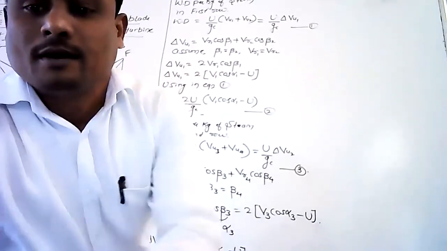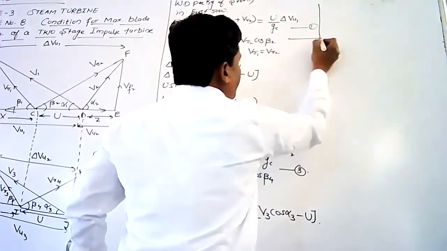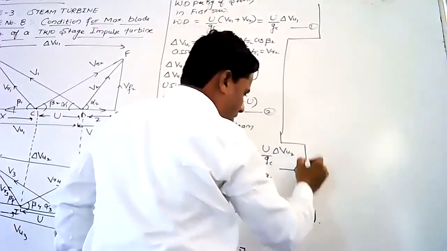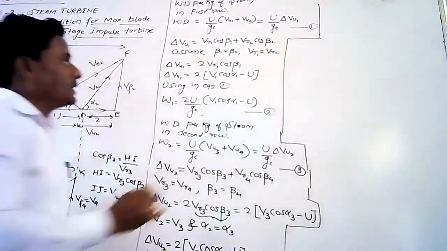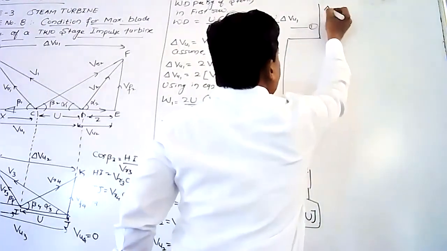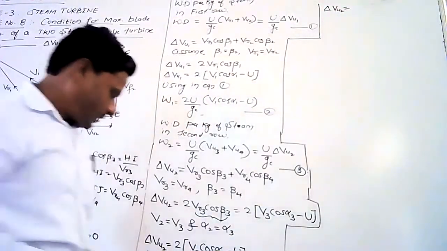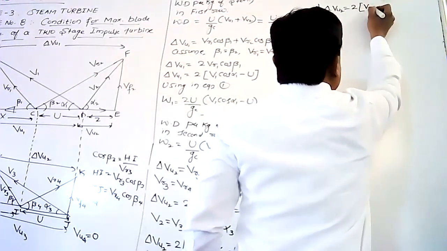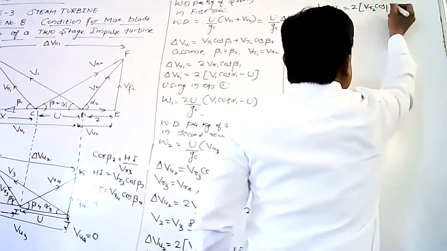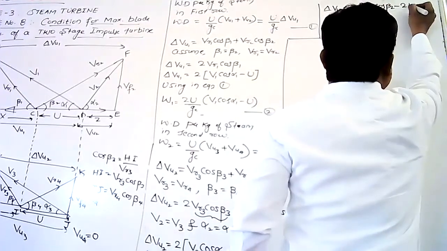Now listen here carefully. Let us continue with the last step. Delta VU2 equals 2 times VR2 cos beta 2 minus 2U as it is.